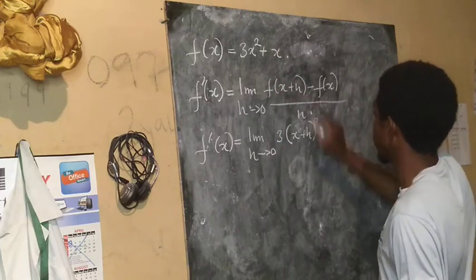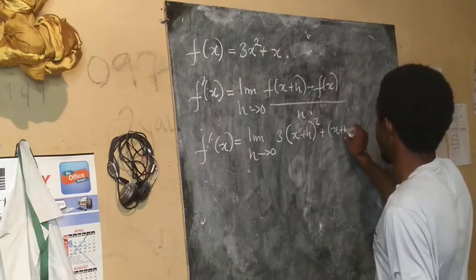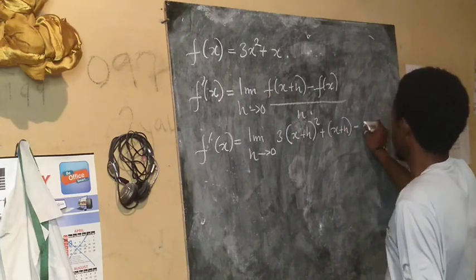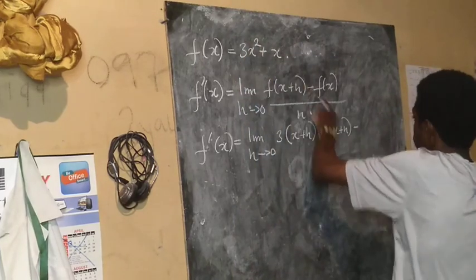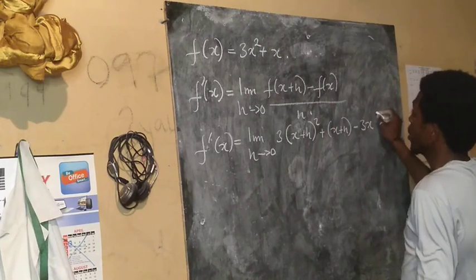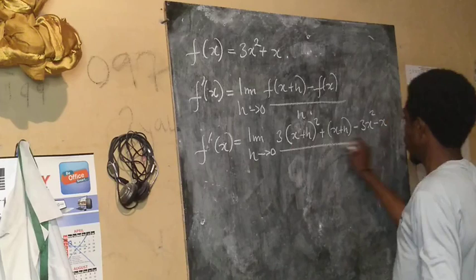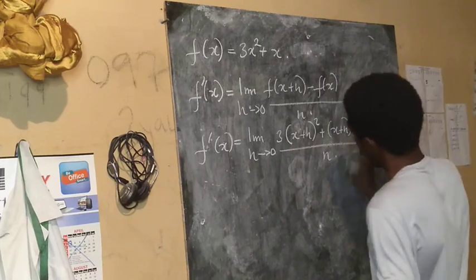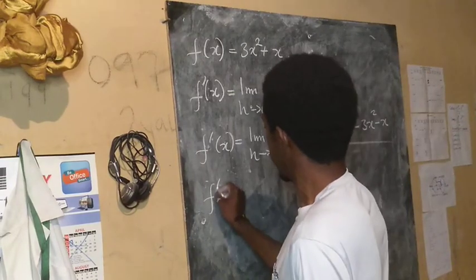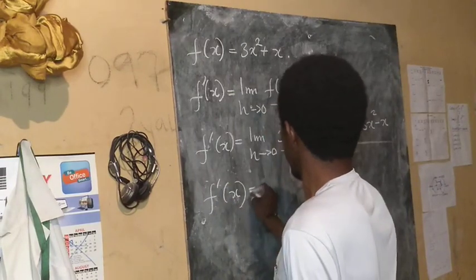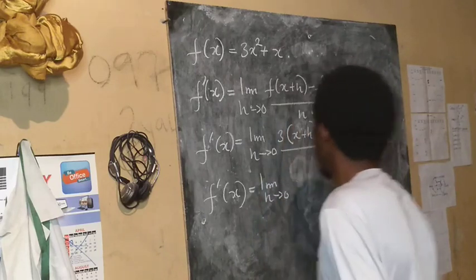We'll just write it the way it is: plus x plus h minus f of x, which is this function multiplied by negative, so that we have 3x squared minus x, everything over h.